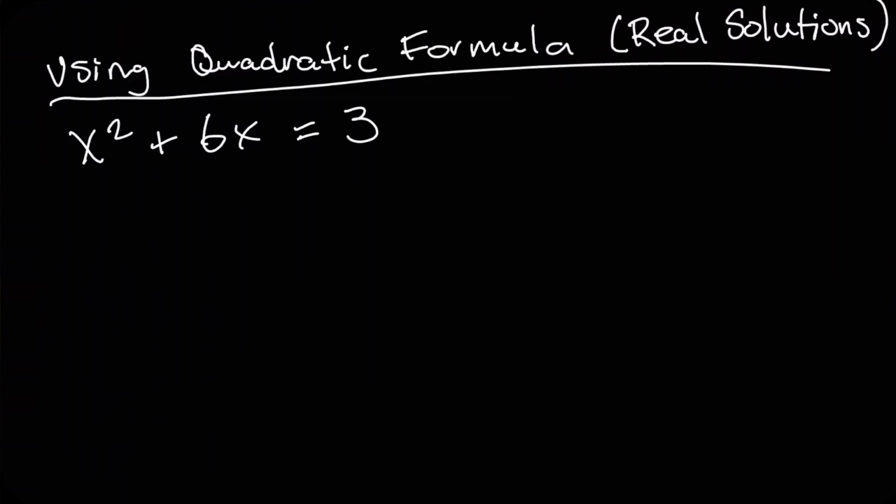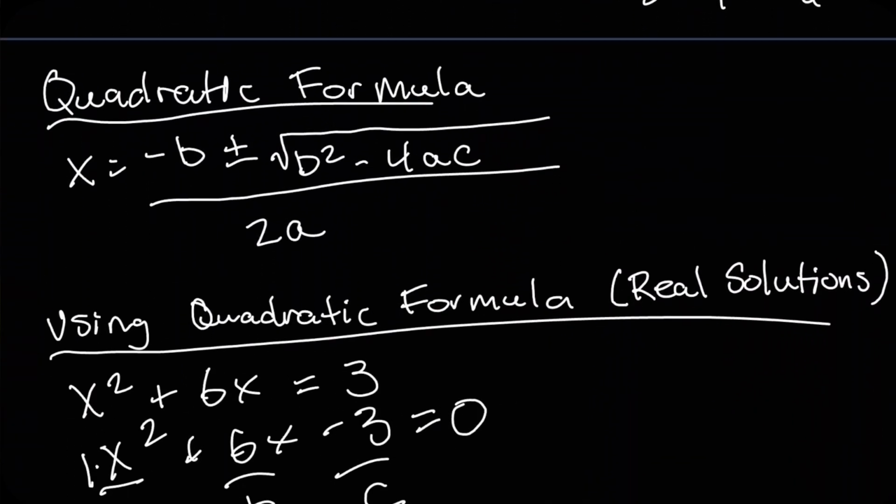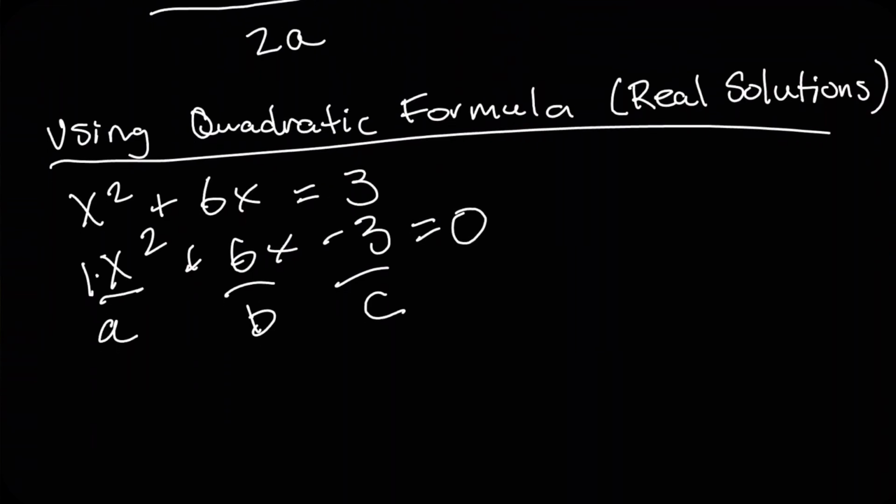It does help to get all of your terms on one side, so let's just do that real quick. And this is essentially 1 times x for our a, and then 6 will be b, and then negative 3 will be c. And we can take all these numbers, plug them into this equation that we have up here, and we should be able to get a solution.